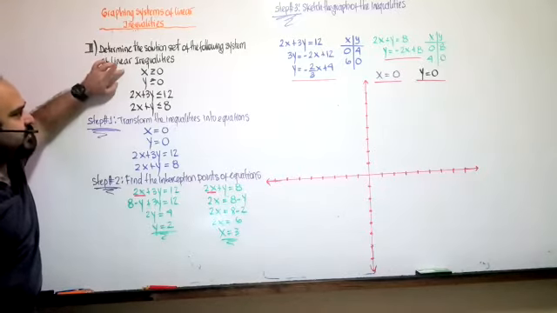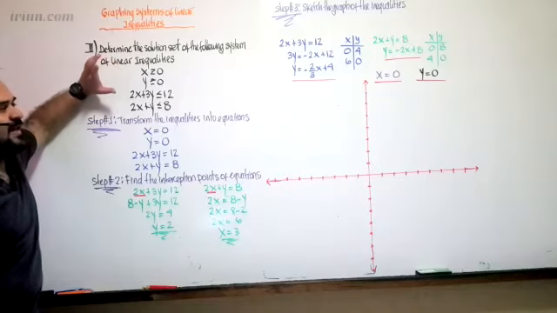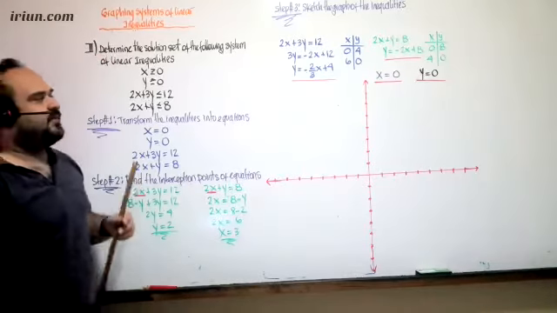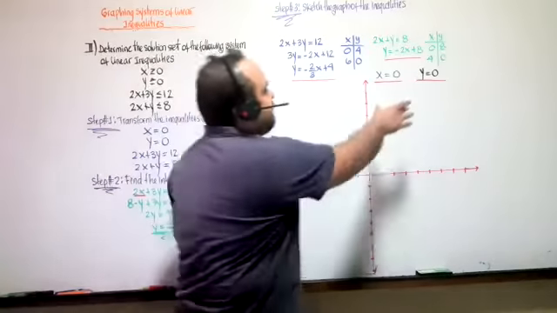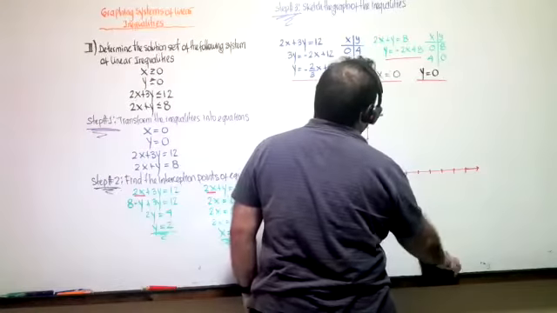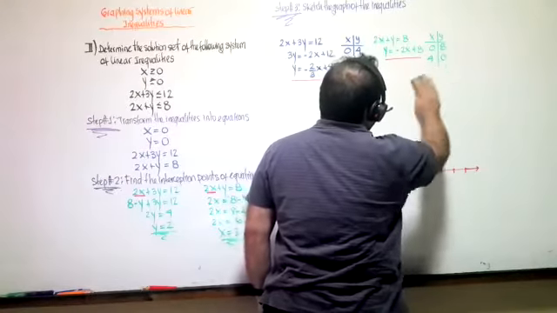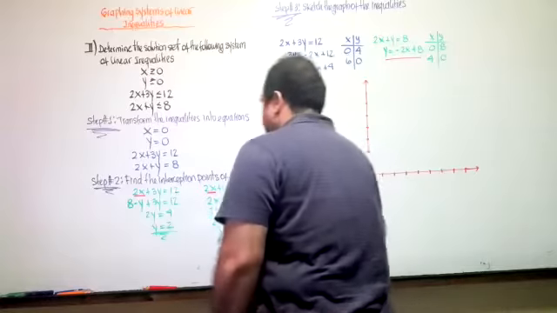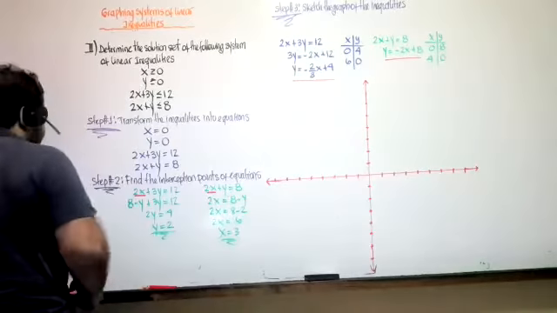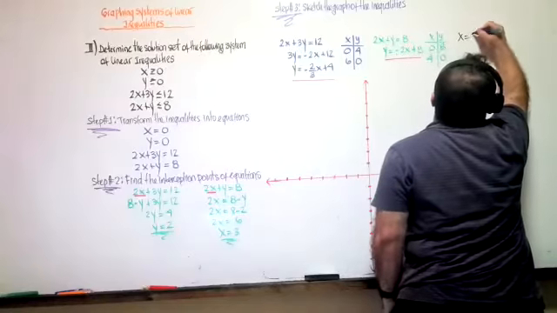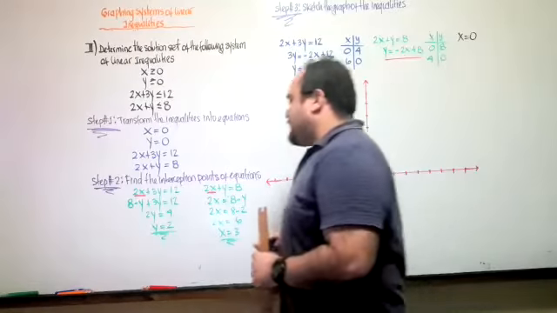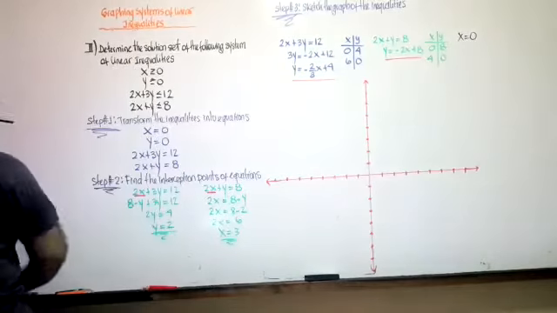Every time we're talking about the letter x equals any number, that means I'm going to have a vertical line. So I'm going to erase these two markers just to show you what will be the shape of each one. We said the purple one, x equals 0, and the black one, y equals 0.